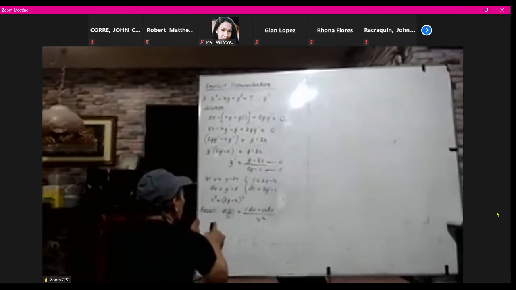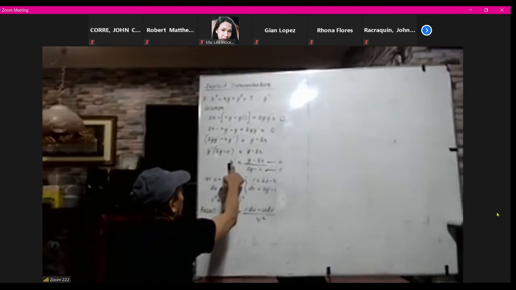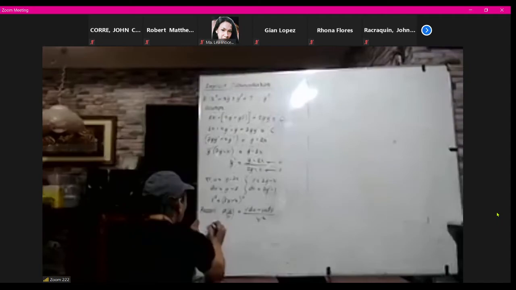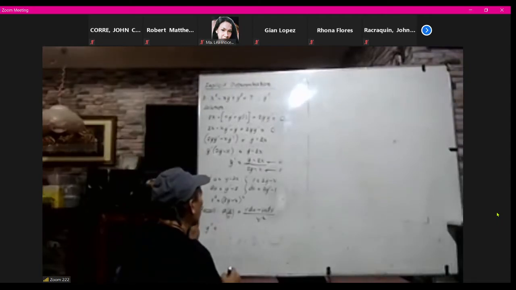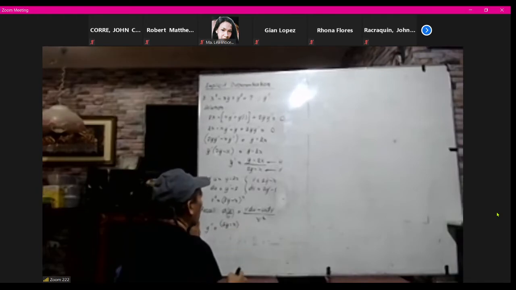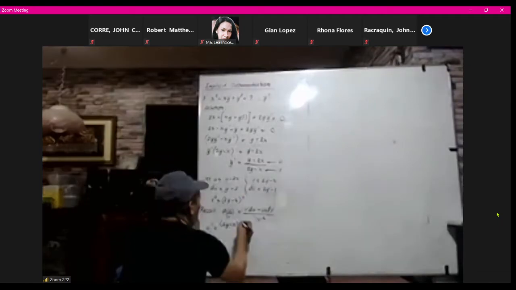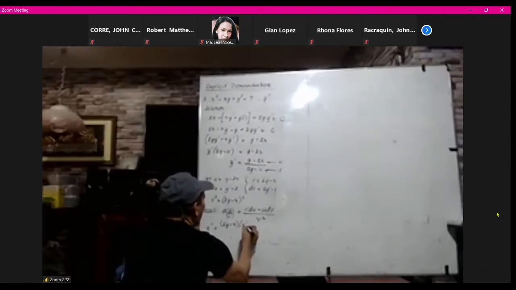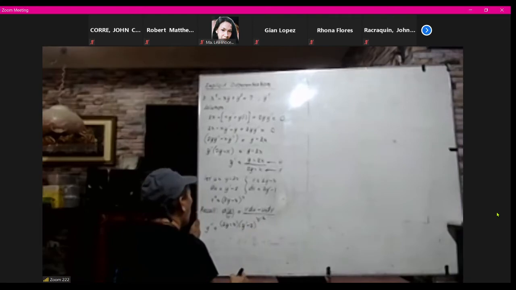So, we have second derivative of y, kasi first derivative yan, equals, ano yung v natin? 2y minus x. How about du? Y prime minus 2. Okay.